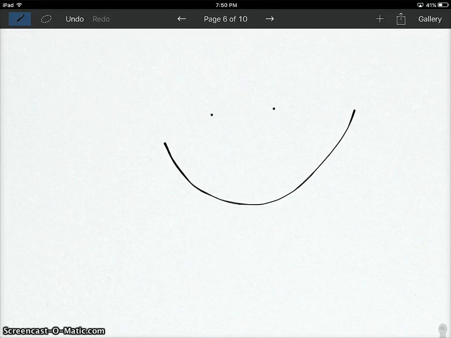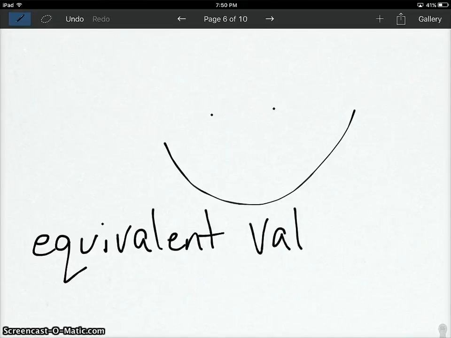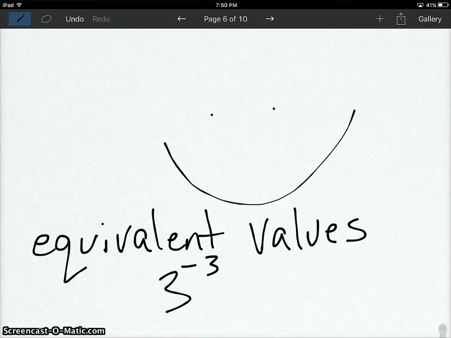Whenever you're going through your lesson 5 in Study Island, you're probably going to come across some that have exponents. So you're going to need to review your exponents, because it's going to ask for things like equivalent values, and it'll probably tell you something like, what is an equivalent value for 3 with a negative 3 as an exponent?